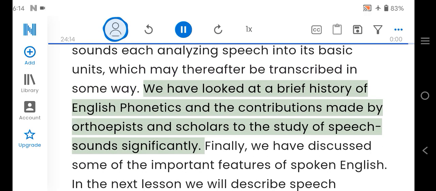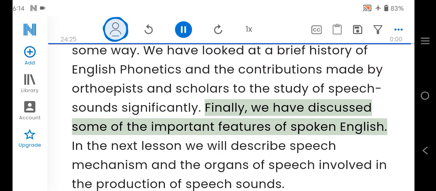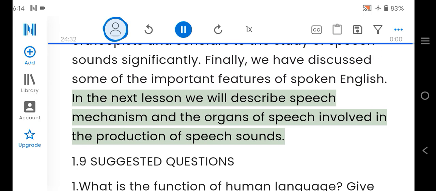We have looked at a brief history of English phonetics and the contributions made by authors and scholars to the study of speech sounds significantly. Finally, we have discussed some of the important features of spoken English. In the next lesson we will describe speech mechanism and the organs of speech involved in the production of speech sounds.